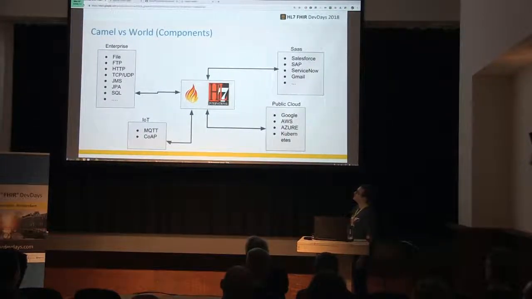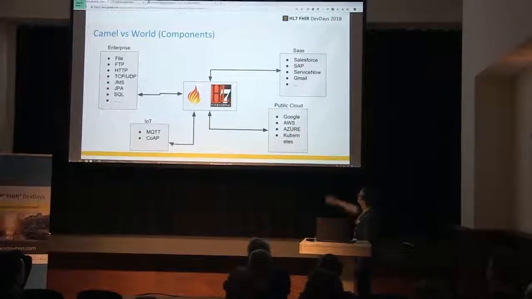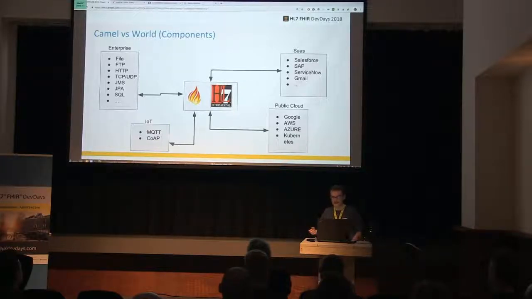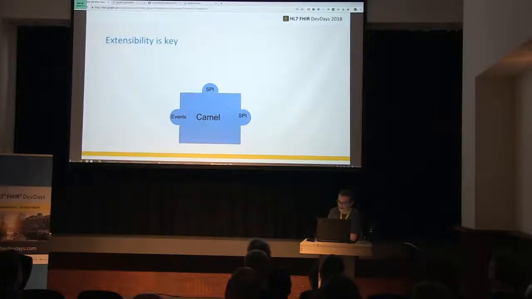So you have your enterprise endpoints, so file, FTP again, JMS, your databases, your cloud, again, Google, AWS, Azure, Kubernetes. You have your FHIR component. We have HL7 v2, and your SaaS, right, Salesforce, Gmail, etc. And they're extensible, right?